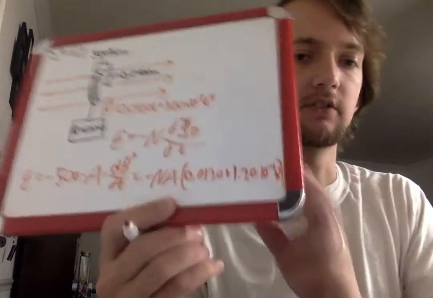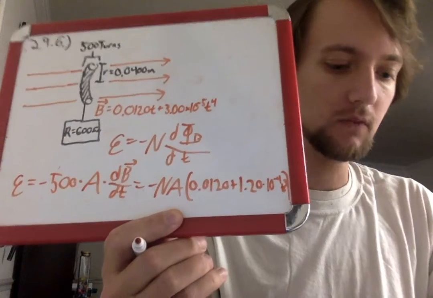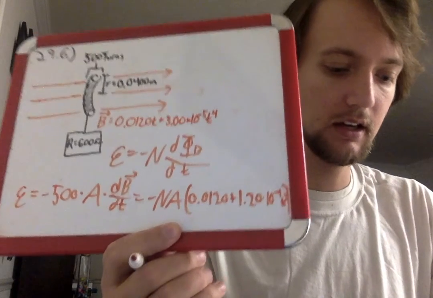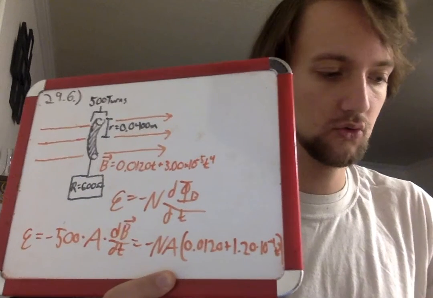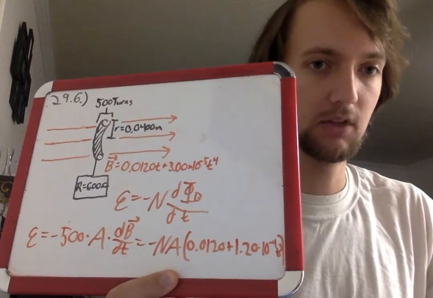And then to find our answer, we just plug in the numbers there, which ends up giving us negative point. Don't need that.